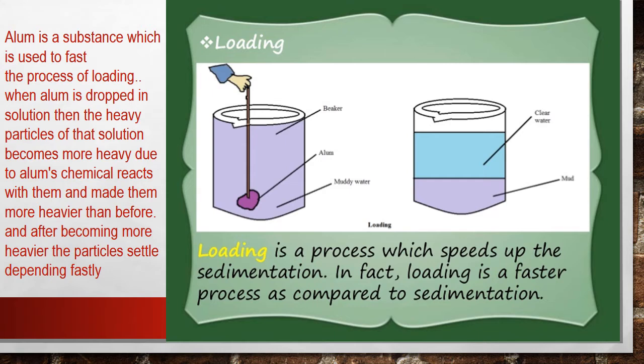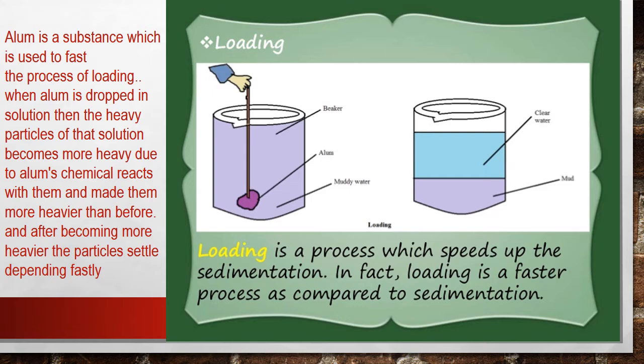for example, we take muddy water. Muddy water contains very fine particles also, and these fine particles will take a longer time to settle down. So we would have to wait for more time.